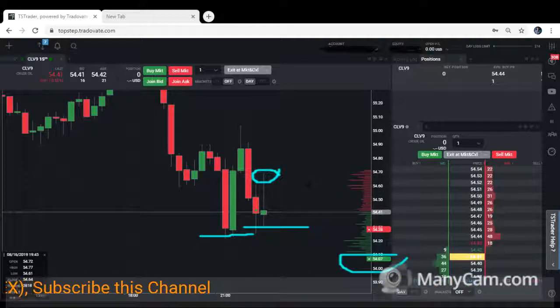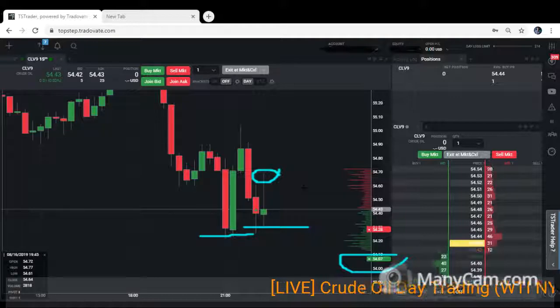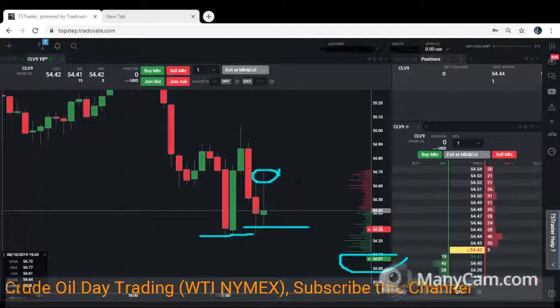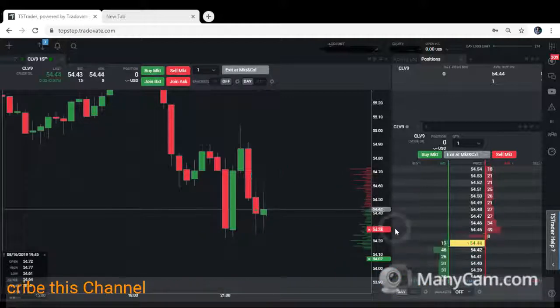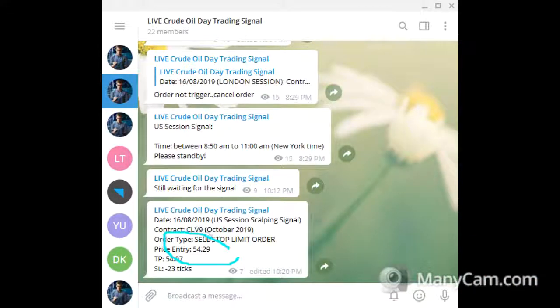So we'll exit at 54.7, around 22 ticks. It was a good condition and situation for me to short sell the market. So let's wait patiently. My signal, I haven't changed anything, still the same.